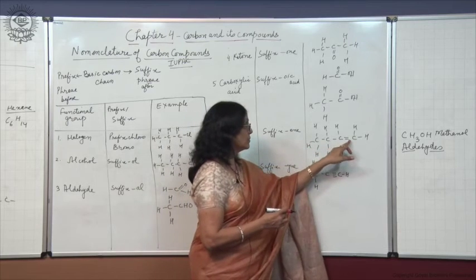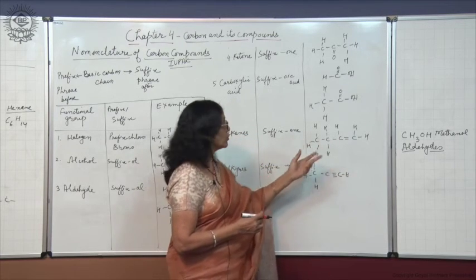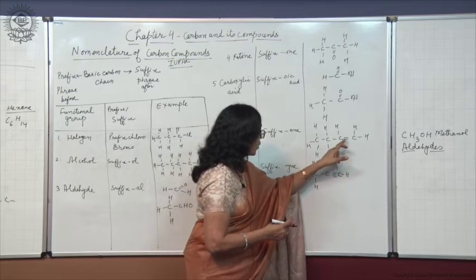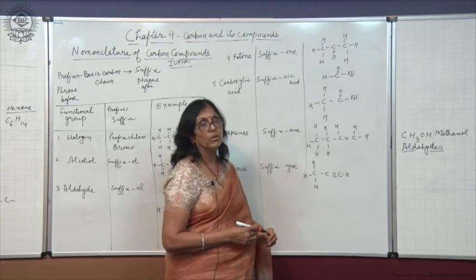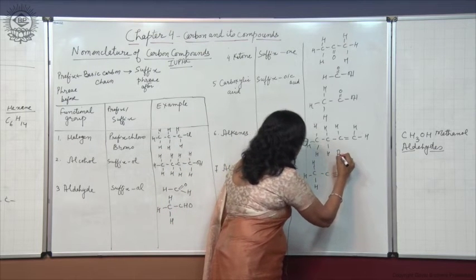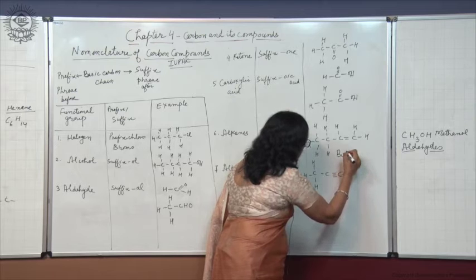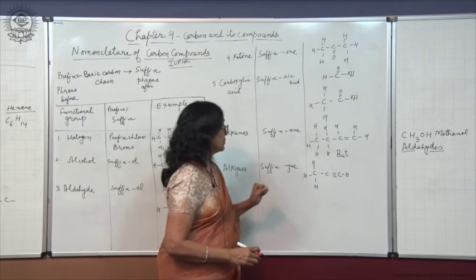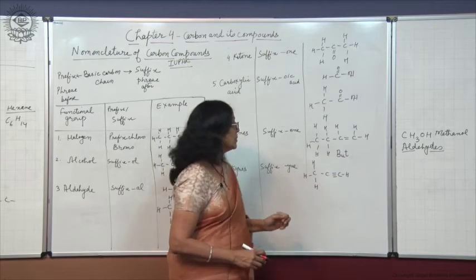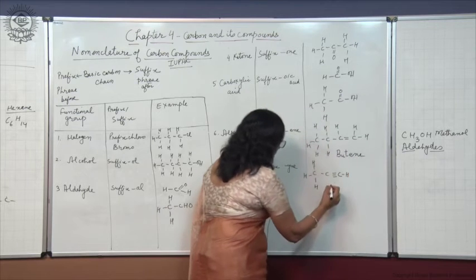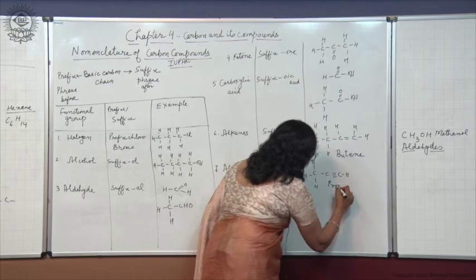There is a double bond, so it belongs to the alkene series, and the straight carbon chain has 4 carbon atoms. The basic structure is but, which stands for 4 carbon atoms, followed by the suffix "ene": butene.